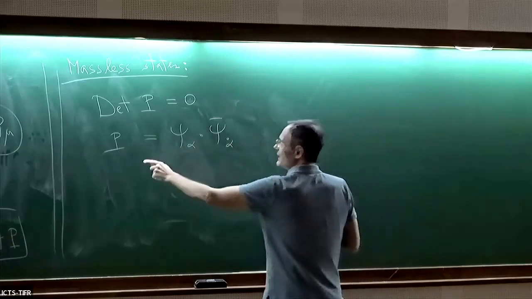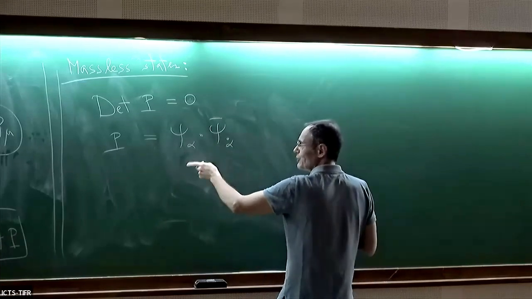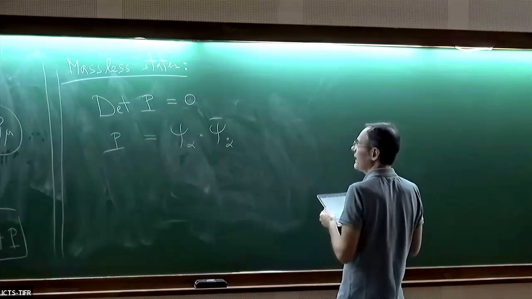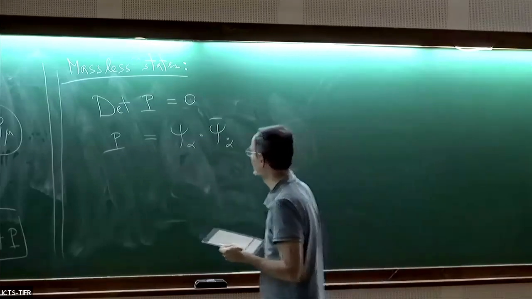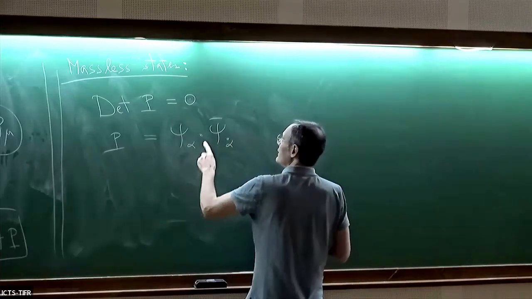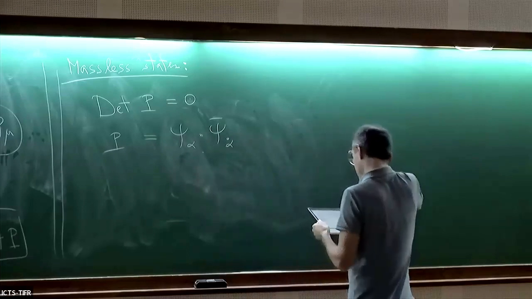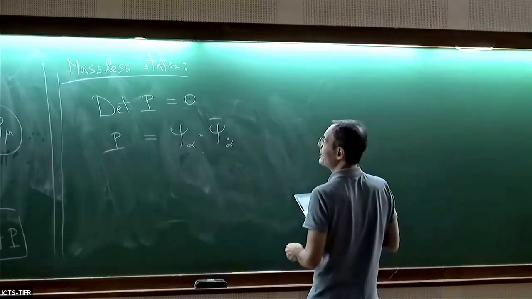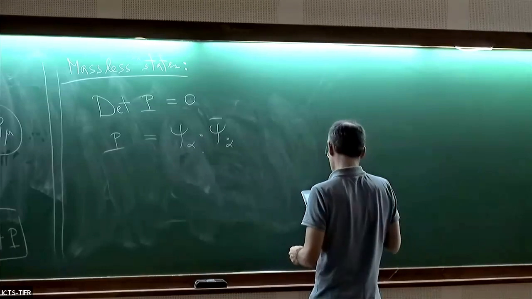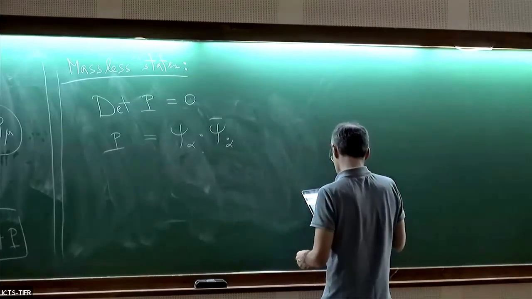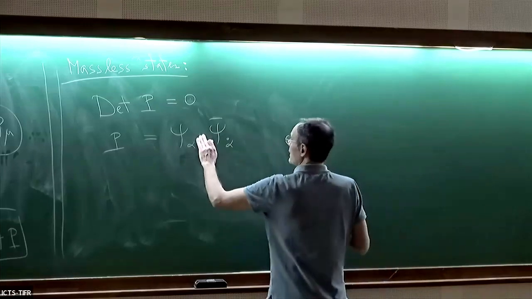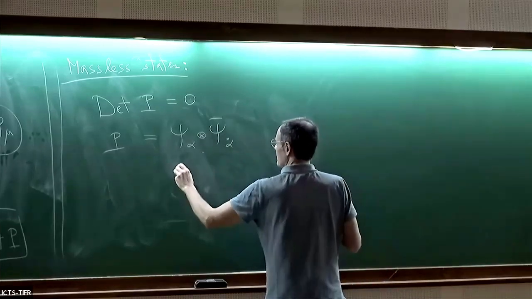When you write something as a product of two component vectors, the determinant is 0. So these are two component things that you multiply. Can I do it explicitly? Probably, to be clear.